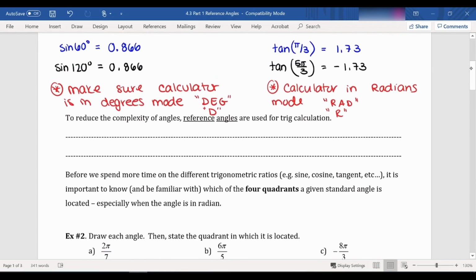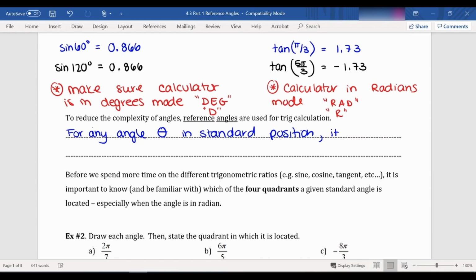So to reduce the complexity of angles, reference angles are usually used for trigonometric calculations. So for any angle theta in standard position, we can find a reference angle. The reference angle is always between the terminal arm, so that's the arm that's swinging around depending on where your angle is, and the x-axis, the nearest x-axis.